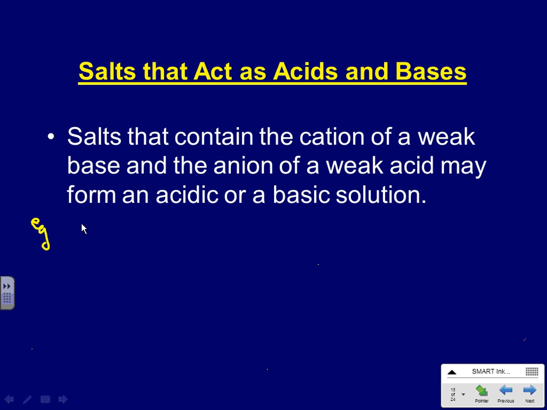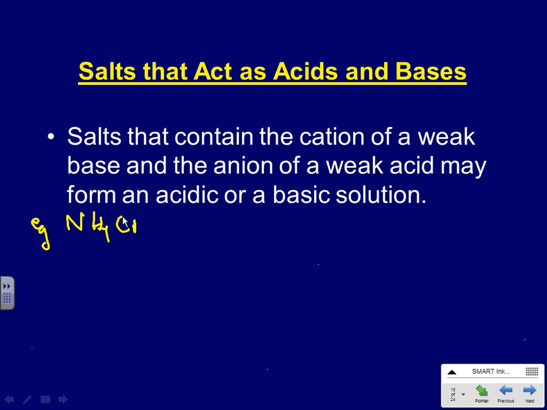I want to change my example again. All right, you're right, we won't.